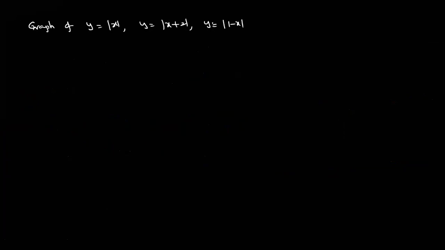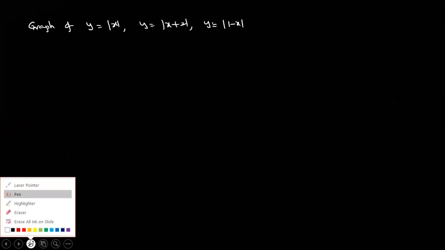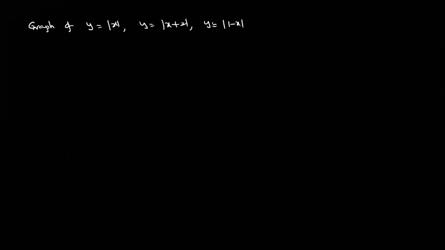So how to draw these types of graphs? Get ready. Dear students, we'll discuss various cases. First of all, what is the graph of y is equal to mod x? Output is always positive. That means what here is the diagram. y is equal to mod x.